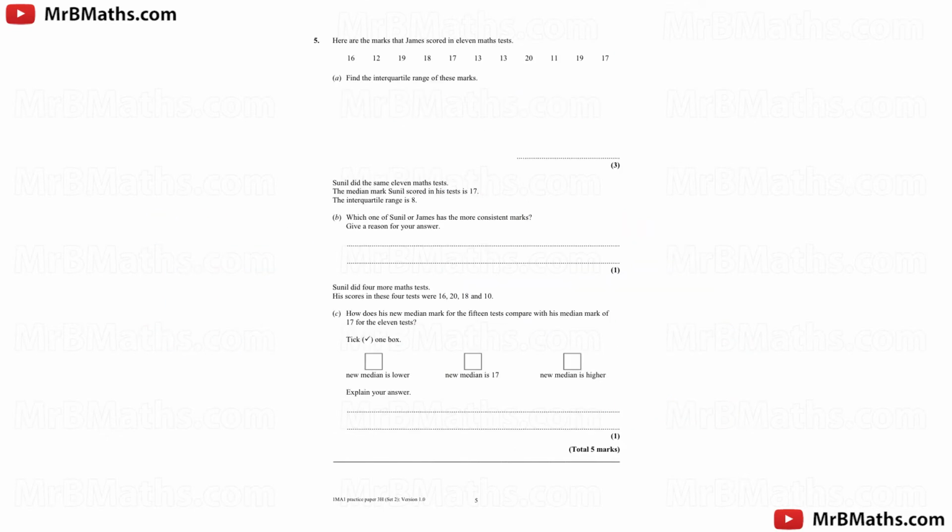Here are the marks that James scored in 11 maths tests. Find the interquartile range of these marks. So before we start with the numbers, we need to remember the interquartile range. So it's the quarters, isn't it? So it's the lower quartile and the upper quartile. Okay, and the range is when you do the upper quartile, take away the lower quartile.